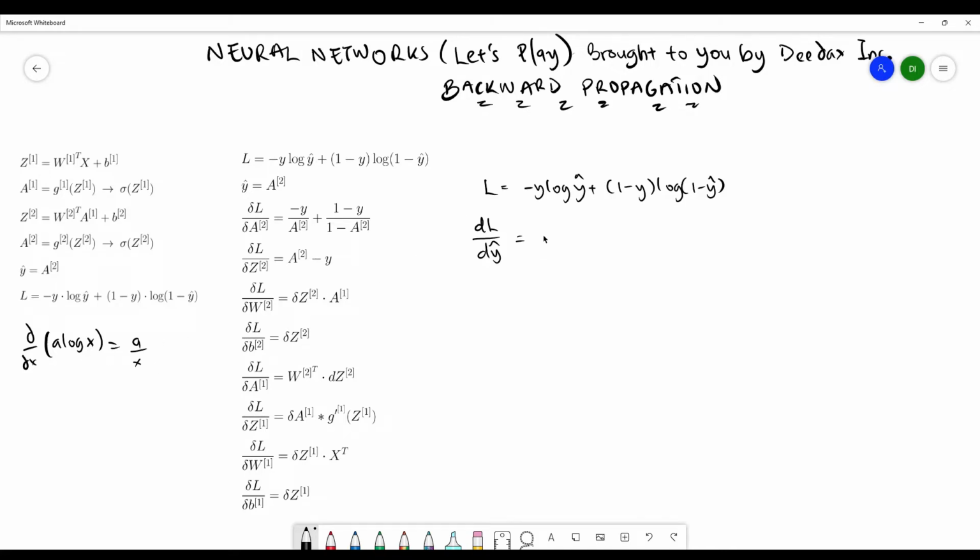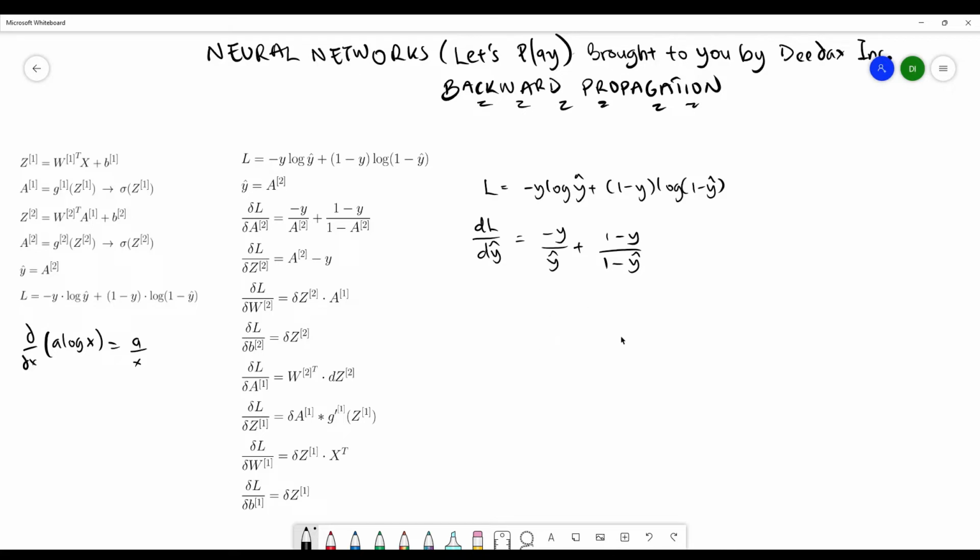And so we could say negative y over y hat plus, same thing here, a is 1 minus y and x is 1 minus y hat. And so we have 1 minus y over 1 minus y hat.